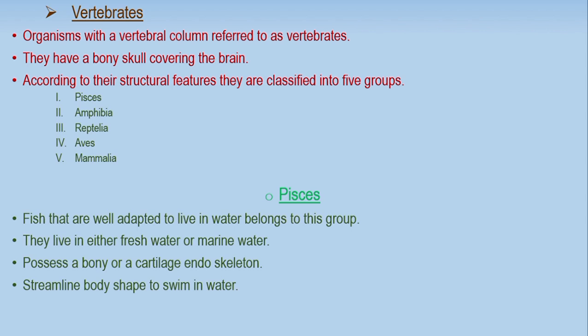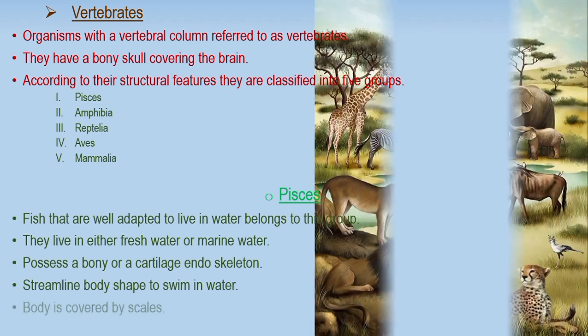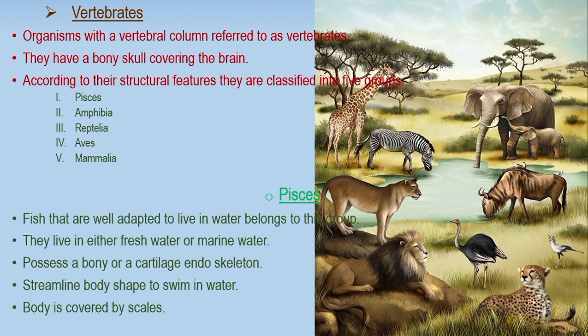The same body shape is with the aves. Aves means the birds also. So they can fly in the sky with the help of that body shape, right? So streamlined body shape, and their body is covered with scales. We know that, right?